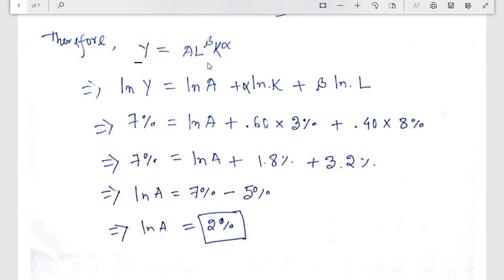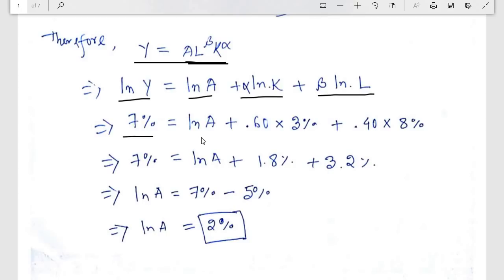Now let's look at how we can solve this question. The production function is Y = A L^beta K^alpha, right? So we take log, and we can deconstruct the right hand side. It will become log A + alpha log K + beta log L. Then it's very simple.